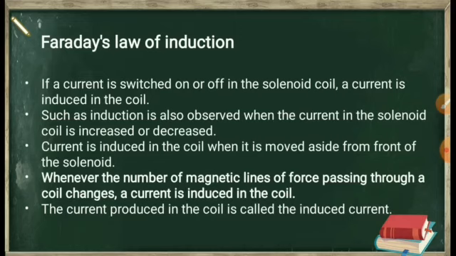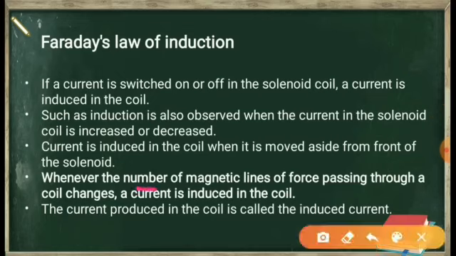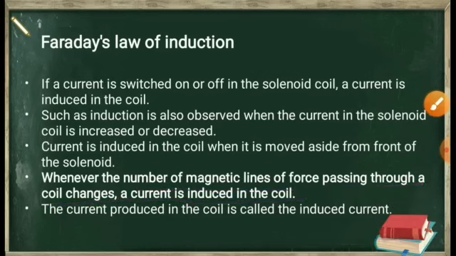Current is induced in the coil when it is moved aside from the front of the solenoid. Whenever the number of magnetic lines of force passing through a coil changes, a current is induced in the coil. The current produced in the coil is called the induced current.